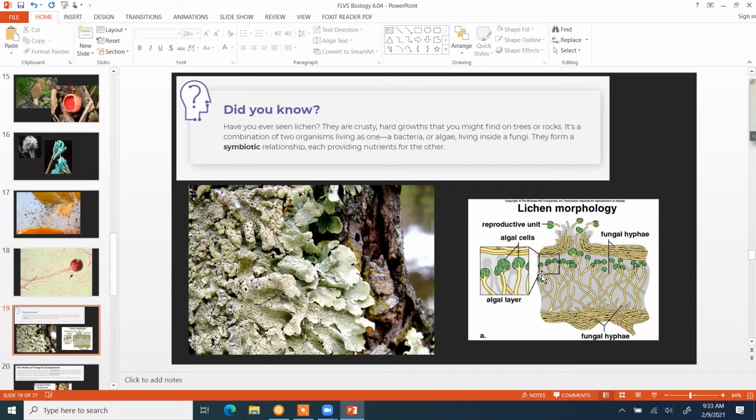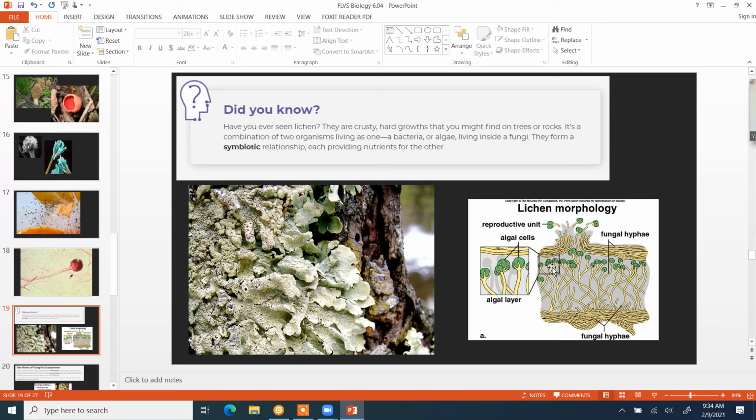Over here on the right, you see a diagram of what it looks like. Most of it looks like it's made of fungus, but then you have algae in it as well, and the algae produces food. And so the fungus uses the food that the algae produces. And in turn, the fungus provides protection, as well as brings water and nutrients easily to the algae.